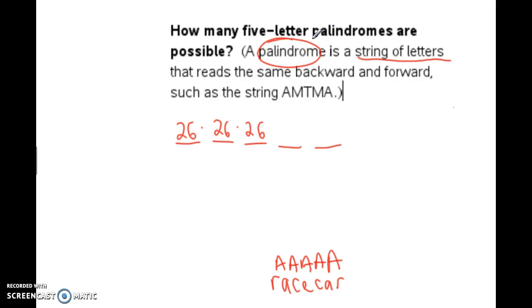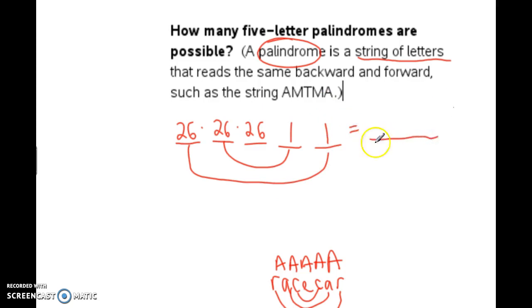So to be a palindrome, I don't think this letter can be anything. Once you've chosen the first 3 letters, this letter is always going to match, just like the C and C match, the A and A match, the R and R match there. So there's only one option available for that letter because it has to match. Same thing here, this letter has to match this letter, so there's only one option. So to find the total number of possible palindromes, you would multiply 26 to the 3rd power.